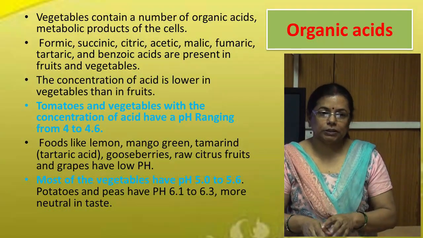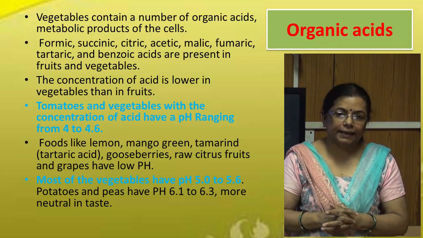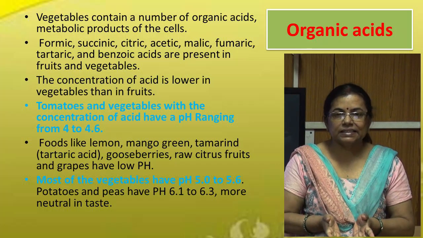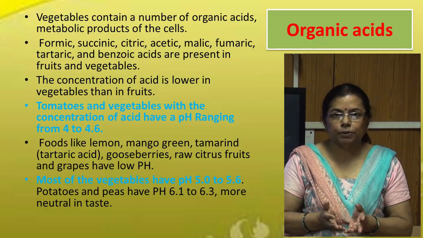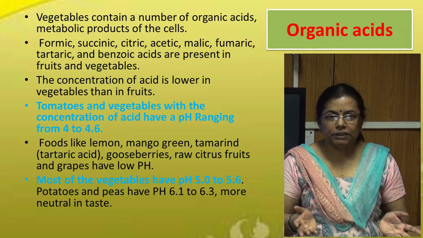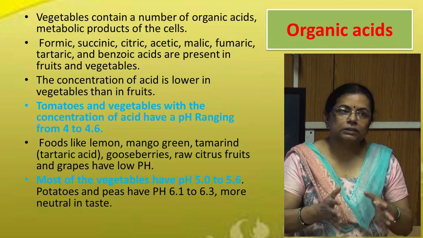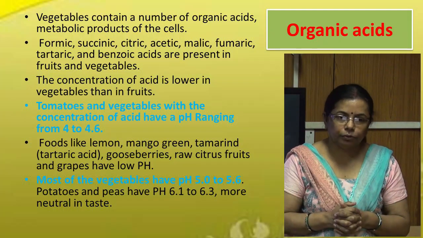Now organic acids. Fruits and vegetables contain a number of organic acids like fumaric acid, succinic acid, citric acid, acetic acid, maleic acid, tartaric acid, and benzoic acid. They are present in different types of fruits and vegetables, and the concentration of acid is lower in vegetables as compared to fruit.